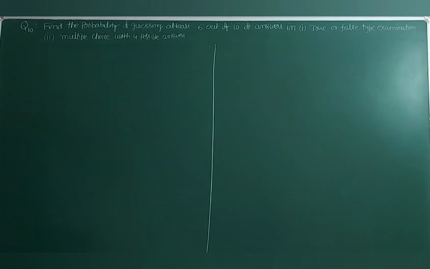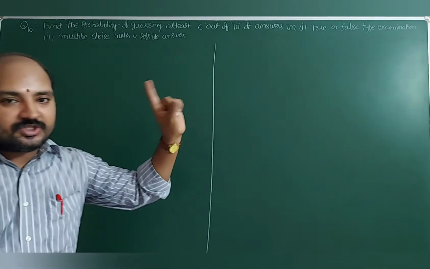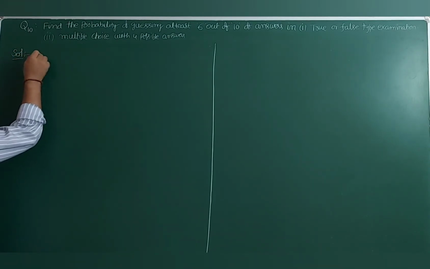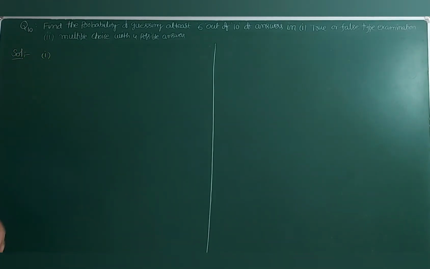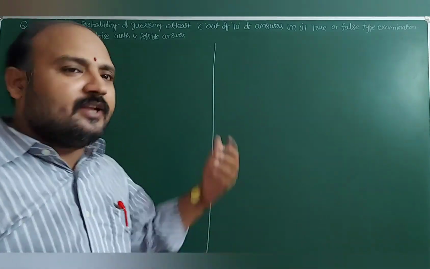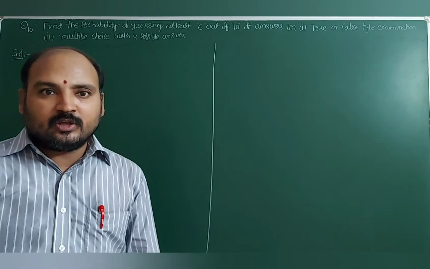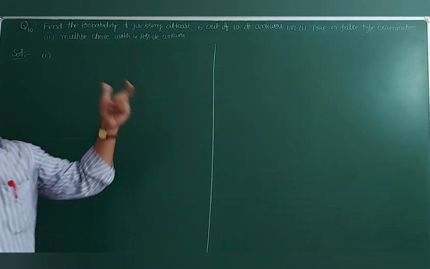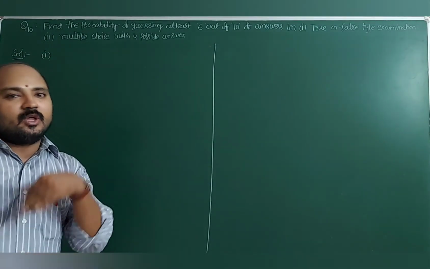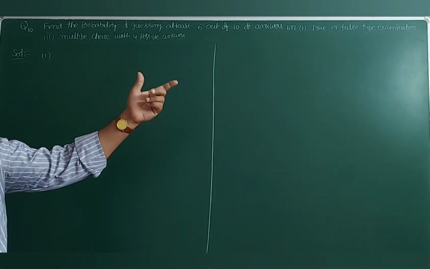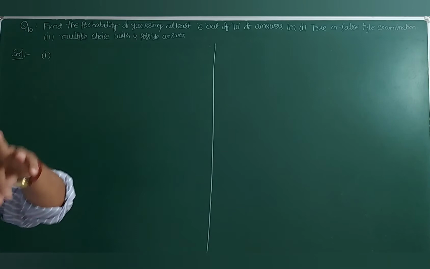So for that, come to the first question. Two questions are there now, so first I am selecting the first question. In the first question, what is P, what is Q, what is N? N is common, 10 only. True or false type of examination. So the probability that the answer is true is 1 by 2, and the probability that the answer is false is 1 by 2.